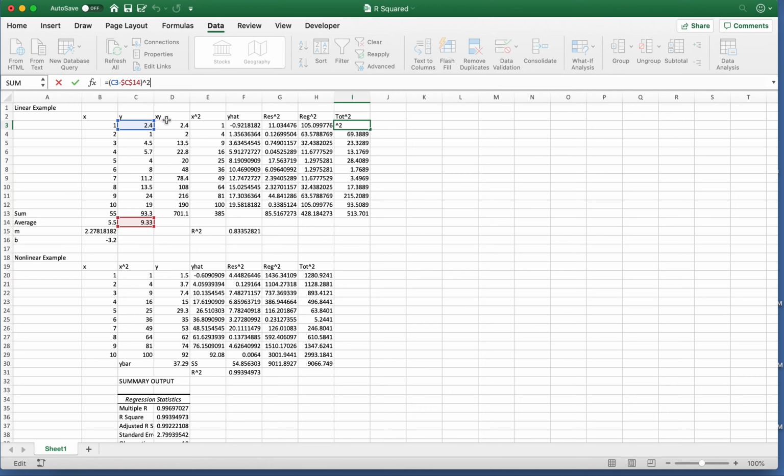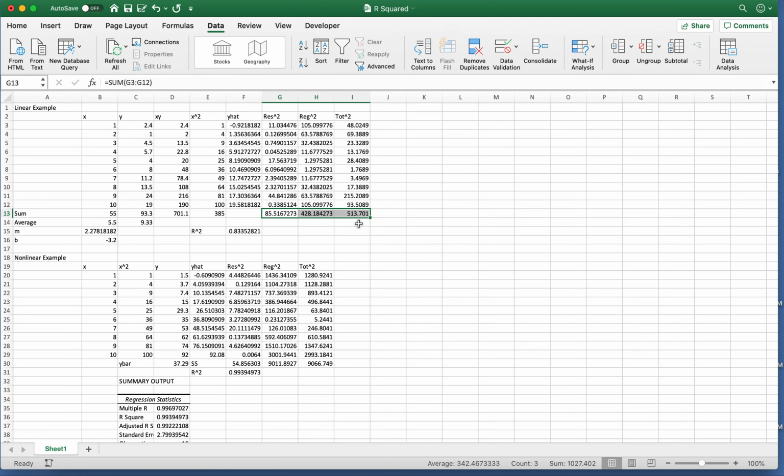All of these get squared, and then we add them up. These are our sum of squares terms. The sum of squares residual is 85.5. Sum of squares regression is 428.18. And the sum of squares total is 513.7.